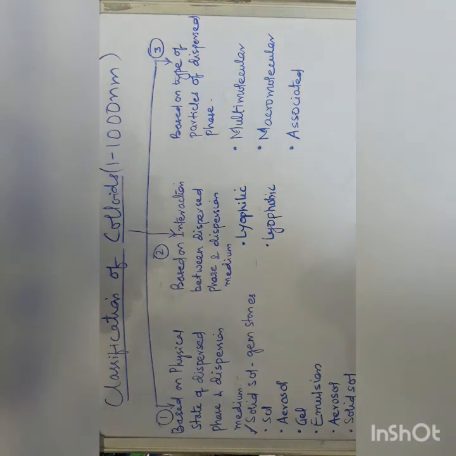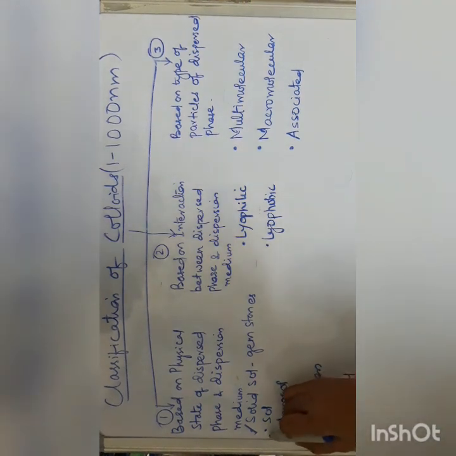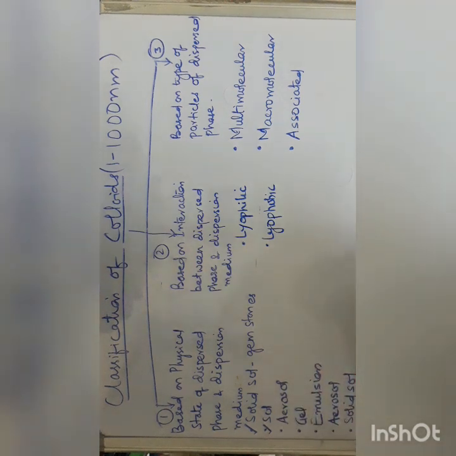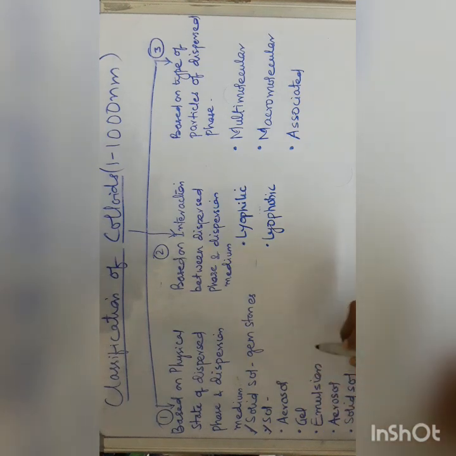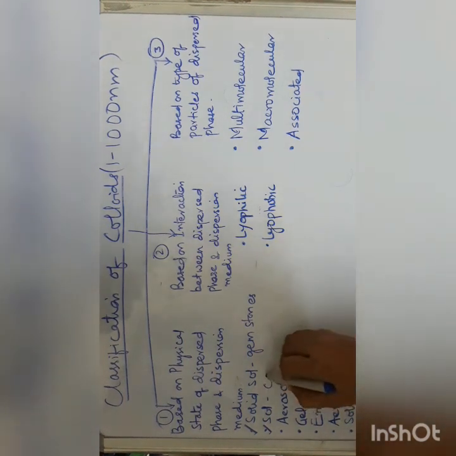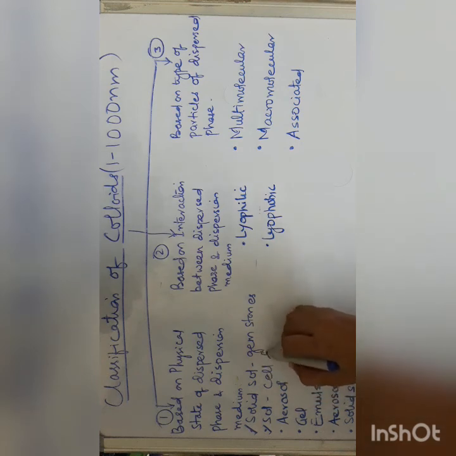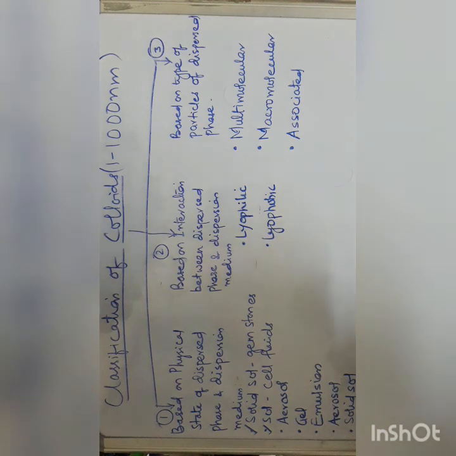Second type of colloid is the colloid in which the dispersed phase is solid and dispersion medium is liquid, and such colloids are termed as sol. So dispersed phase solid and dispersion medium liquid.